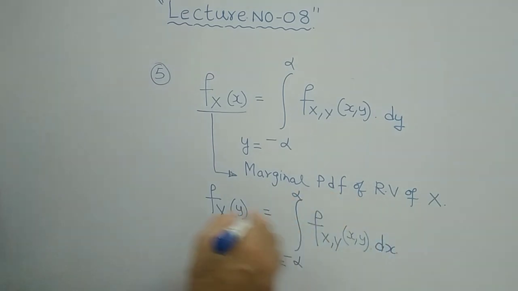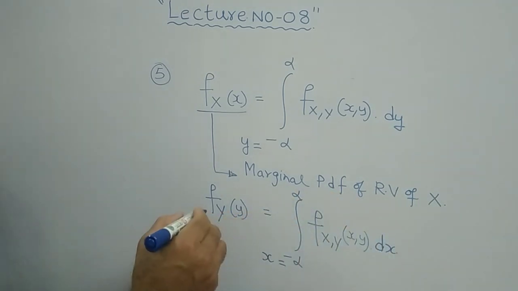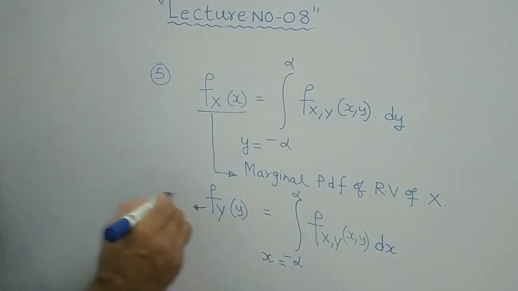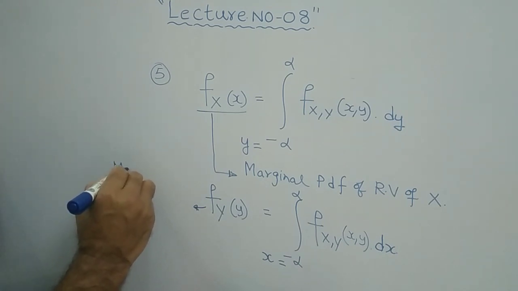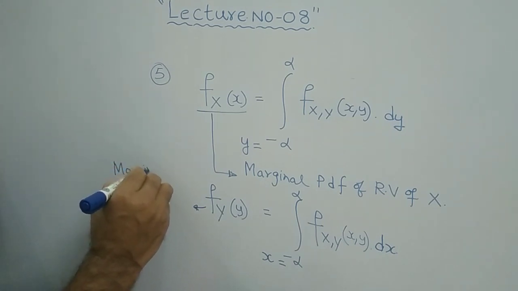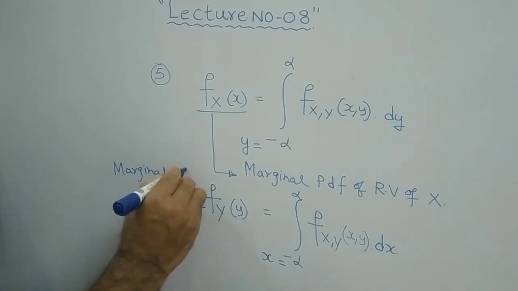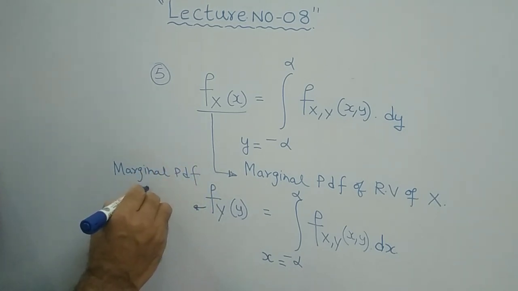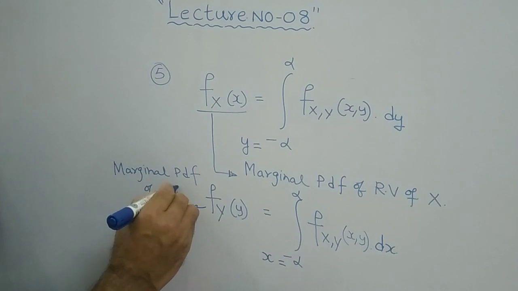This is called the marginal PDF, the probability density function of random variable y.